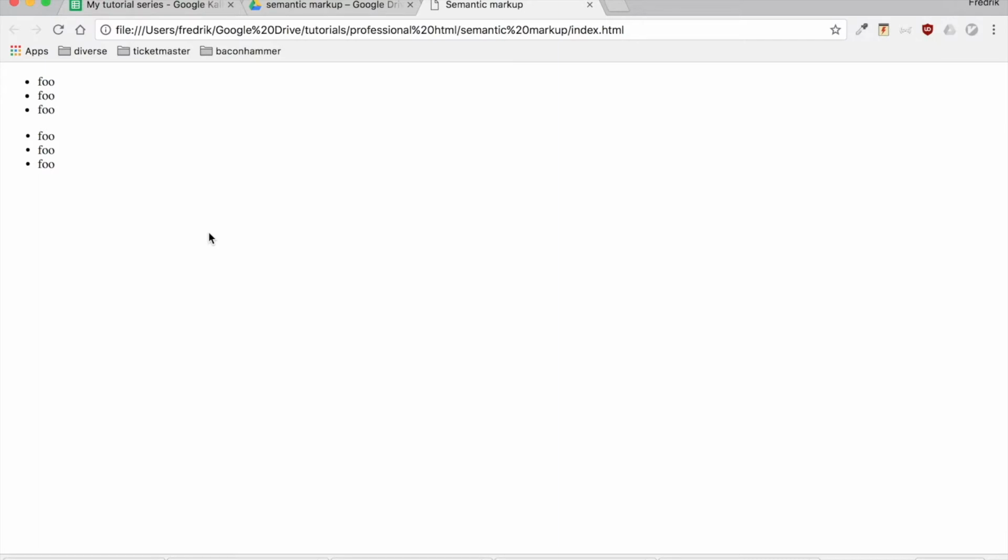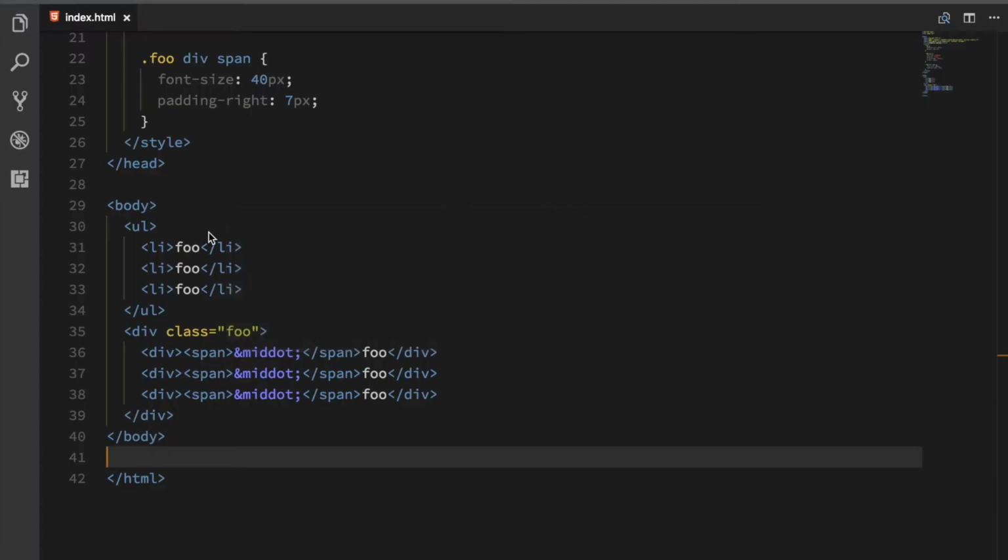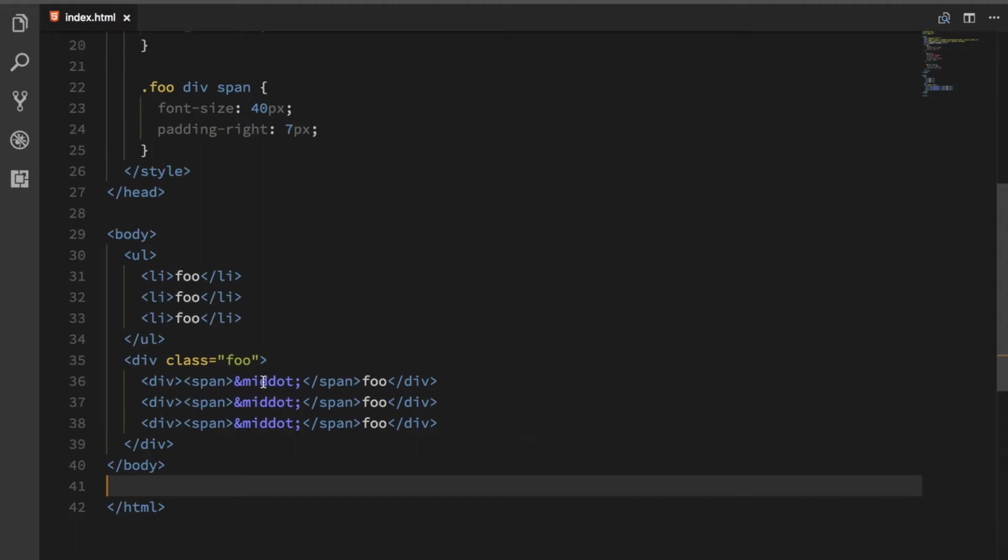And so if we look at this example here, we see two unordered lists. Or do we? Because if we look at the actual markup, we see that there's one unordered list here, and then there's a div with three divs, a few spans, and some styling, and this mid dot element here.